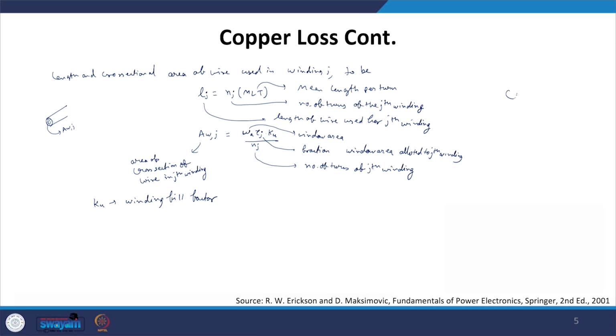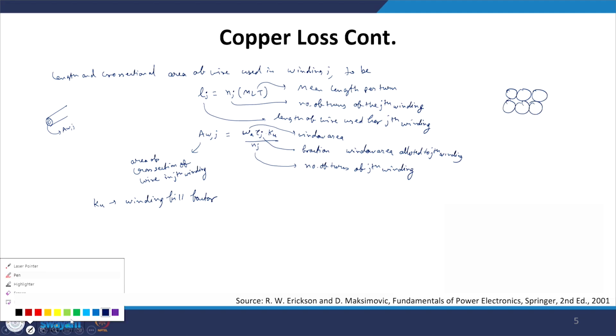And also, when you have circular conductors placed nearby each other, there is some area which is not being utilized, and that contributes to the winding fill factor, which is obviously less than 1.